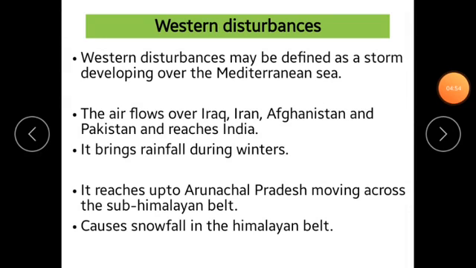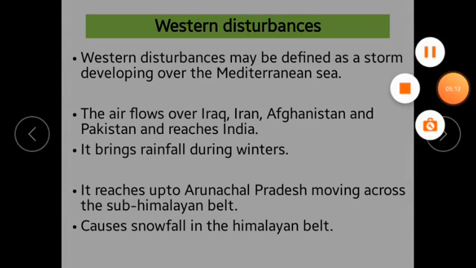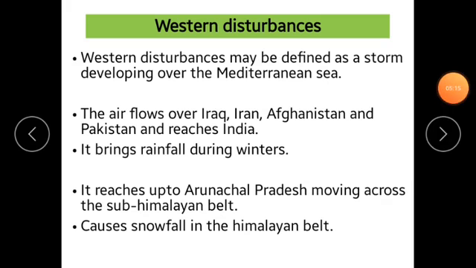Now there is another phenomenon which causes rainfall over the northern part of India in winters. Light rainfall caused in winters in the northern part of India is due to western disturbances.